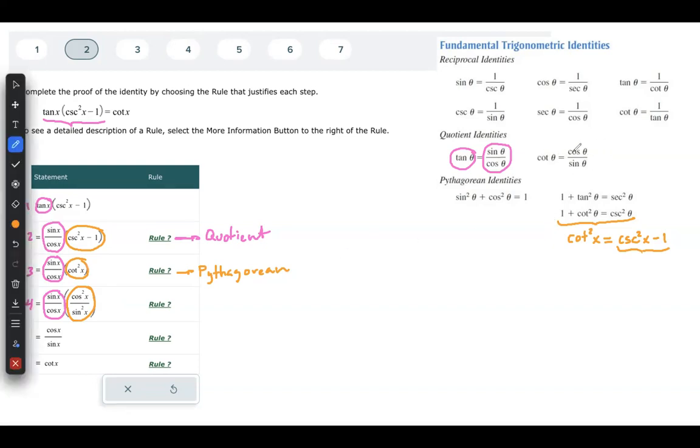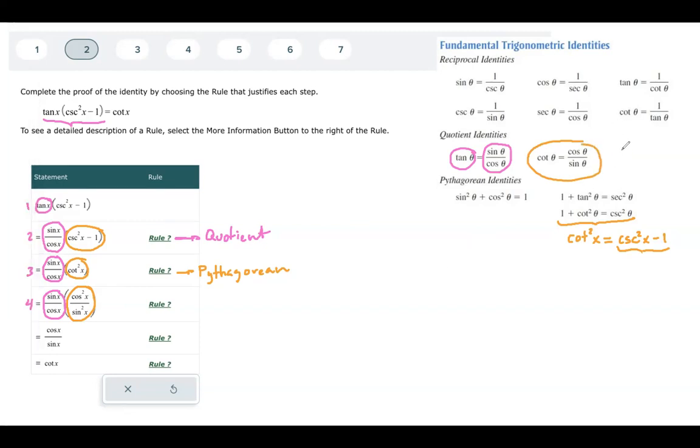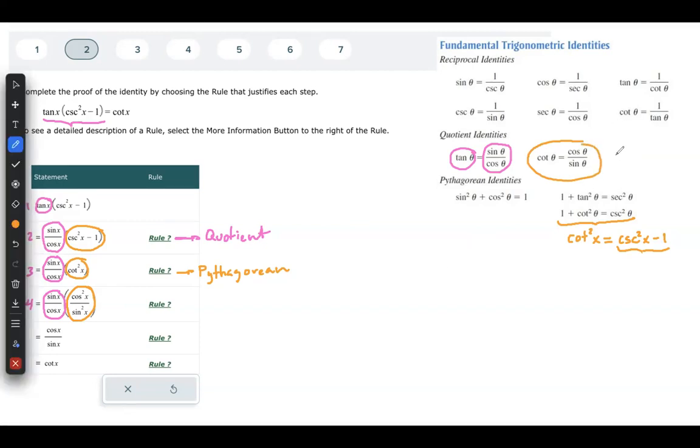So let's try to find an identity that involves cotangent, sine, and cosine. That identity is right here. But that identity can also be squared. So if we square that identity, it becomes cotangent squared of x, I'm going to use x once again, equals cosine squared of x over sine squared of x.